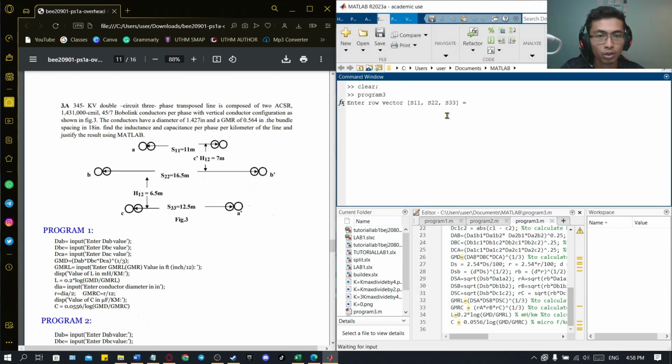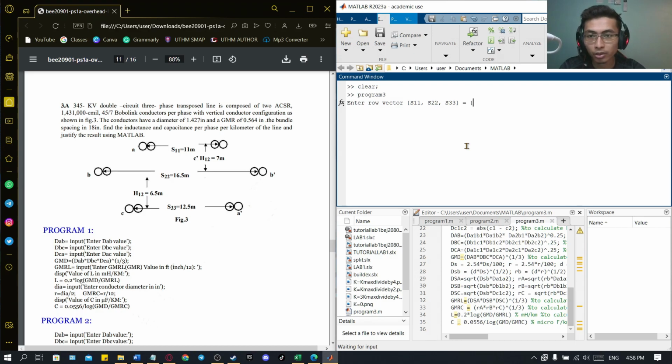For S11, S22, and S33, we need to enter them as a vector.